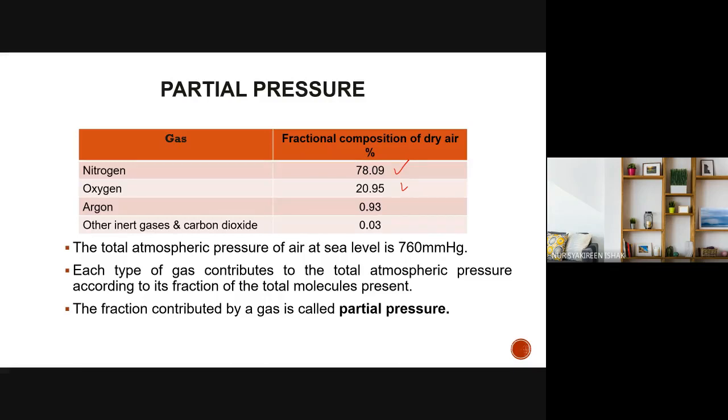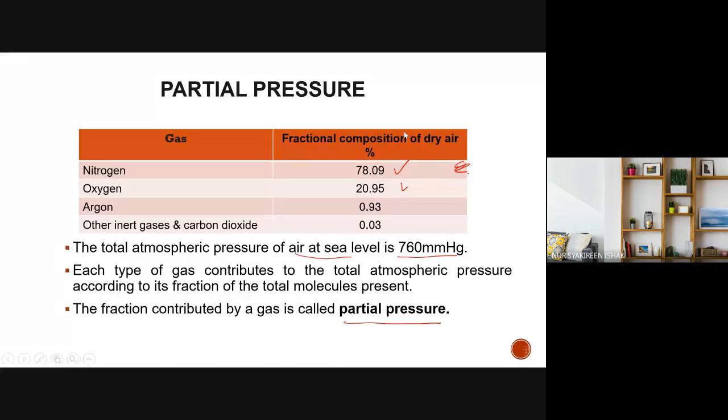But the total atmospheric pressure at sea level is 760 millimeter mercury. So in order to get the partial pressure for each one, you have to multiply. Maksudnya 760, bukan bahagi, kali dengan percentage each gas tu.